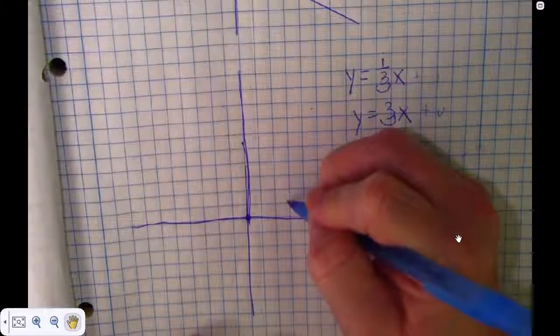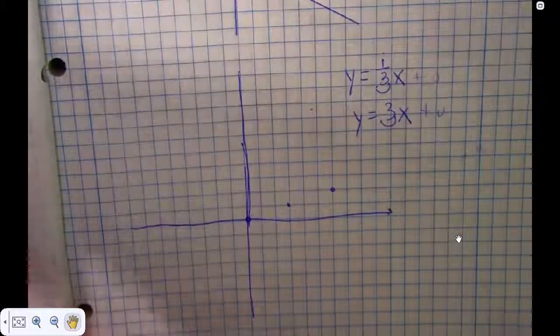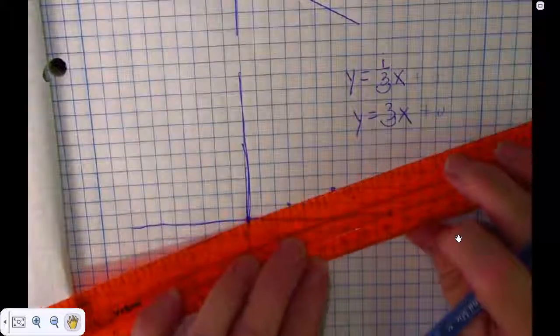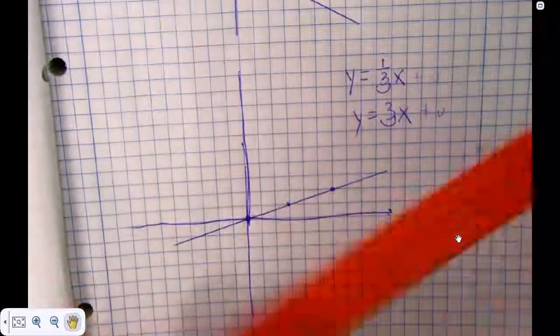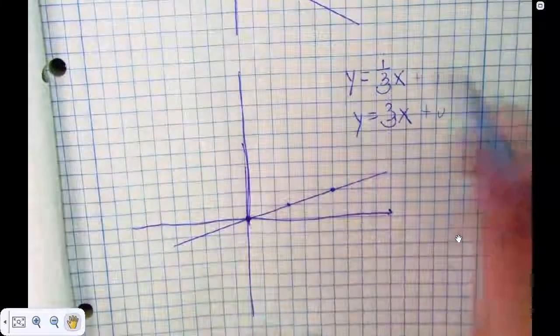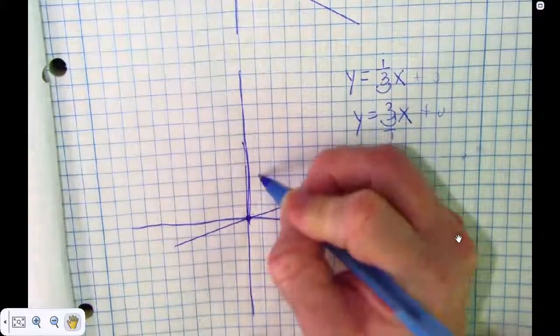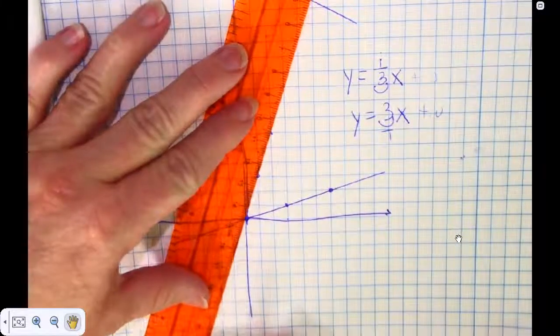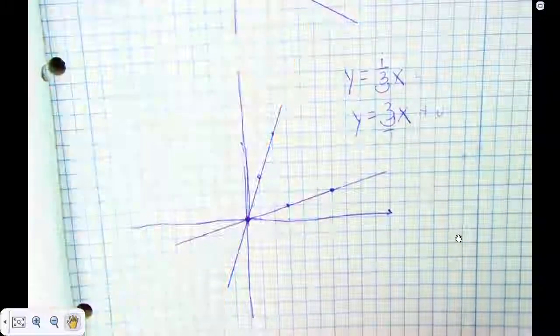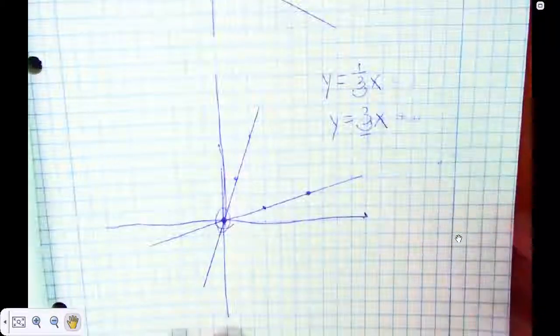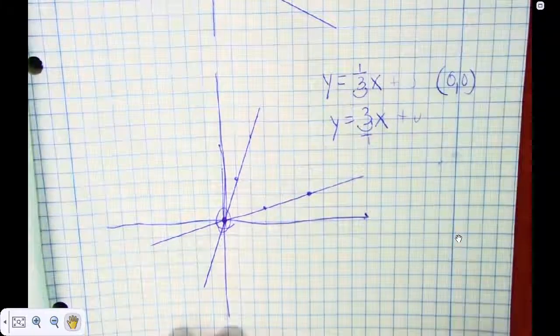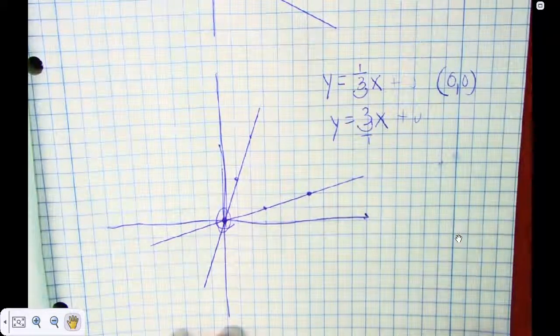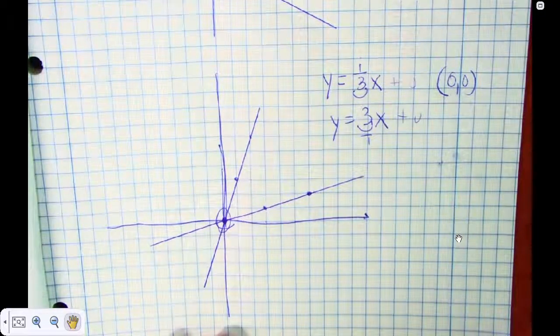We're going over 3, up 1, over 3, up 1. And then for the other, I'm going to go over 1, up 3, over 1, up 3. What's your solution? (0, 0). We really should have known that, huh? Okay, so everybody get that?